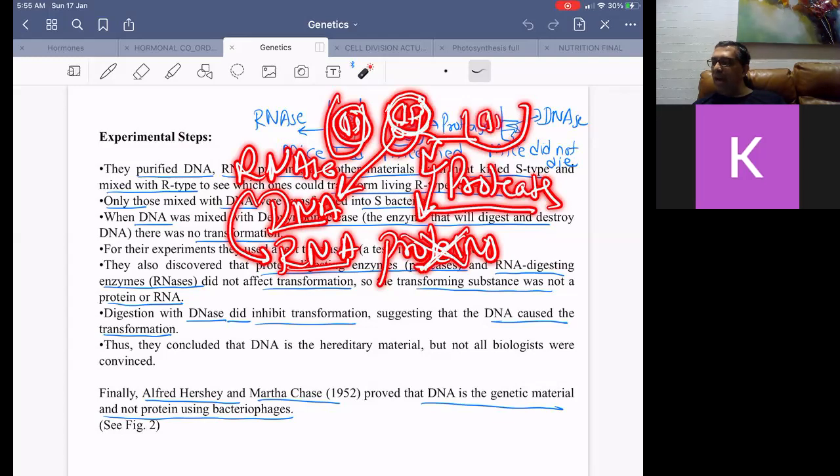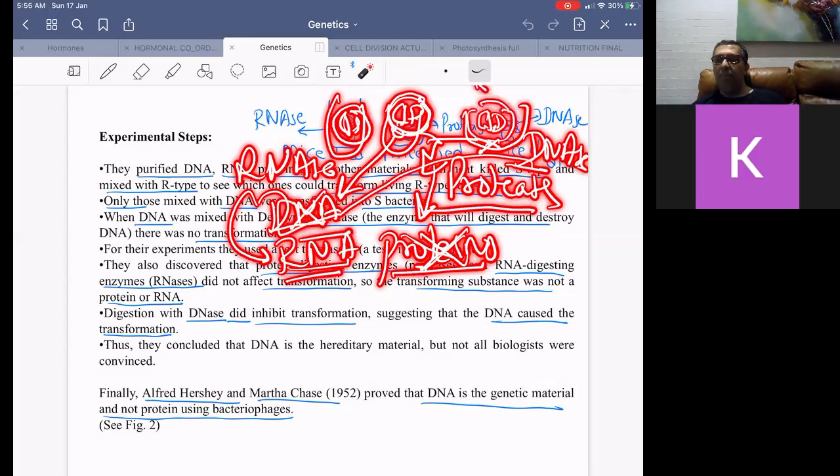Now, when they put live R type and DNA, RNA, and proteins, and then put DNase, which destroys the DNA, DNA got destroyed, and as DNA was destroyed by DNase, they found R did not transform into S type. What is the meaning of it?